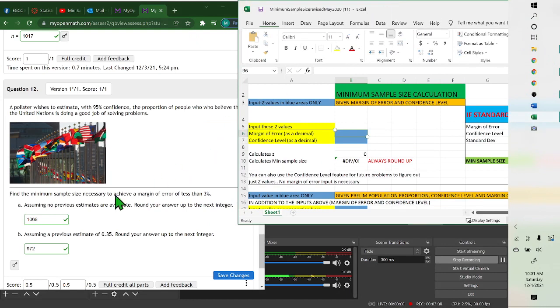They didn't give the sample. Oh, no previous. Okay, so the first one will be up here because there's no estimate, where the second one has an estimate, and that's where you enter it down here.